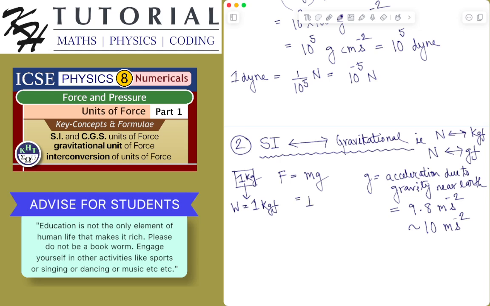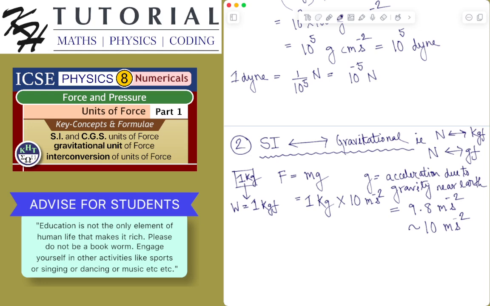In the formula F is equal to mg, this is the gravitational force acting on a body of mass m, where g is the acceleration due to gravity near the surface of Earth, approximately 9.8 meter per second square, but we also consider it to be 10.